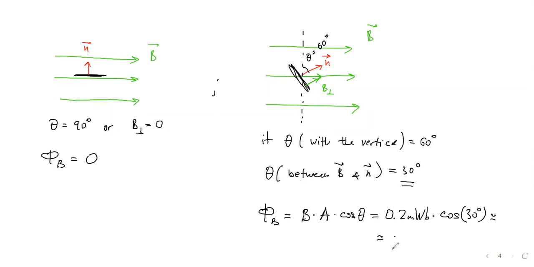I would guess 0.17 milliweber. Can you confirm? Yeah, it's like that, 0.173. One over 2 and 0.2 simplify to 0.1, and square root of 3 is 1.7. Cool. Questions?